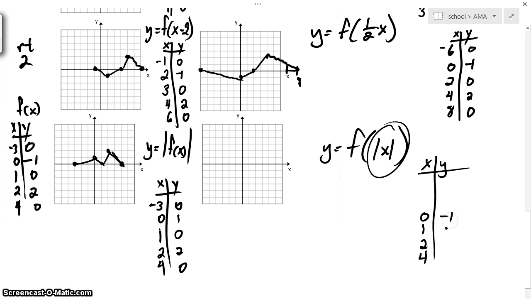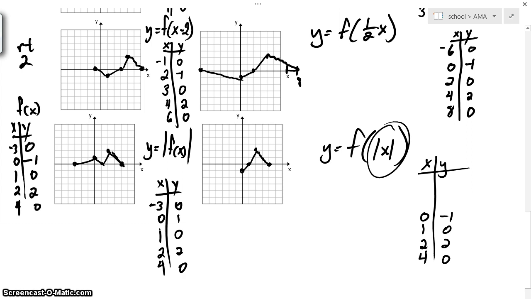What's so nice about this is you're going to see very quickly that what's occurring is that when we're dealing with x values of 0 and positive x values, our graph is the same as it was before.